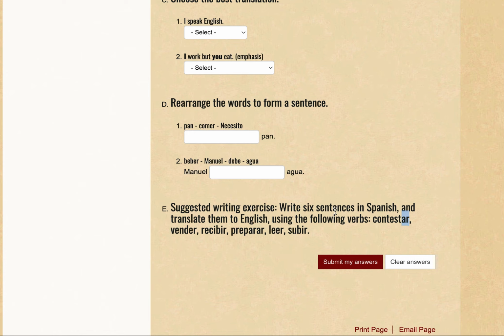Okay, so the question is to write 6 sentences in Spanish and translate them to English using the following verbs. So let's again start with contestar. Let's try to form a sentence using contestar in Spanish, and then let's translate that to English.